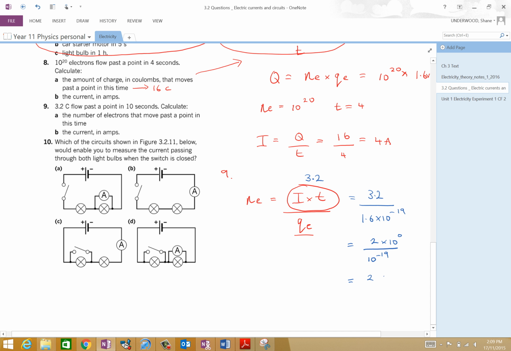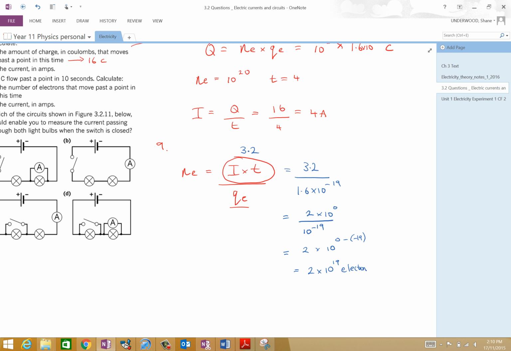Isn't that 2 by 10 to the power of 0 minus negative 19? Which is equal to 2 by 10 to the power of 19, what? Electrons, isn't it? So we've done that without the use of a calculator.